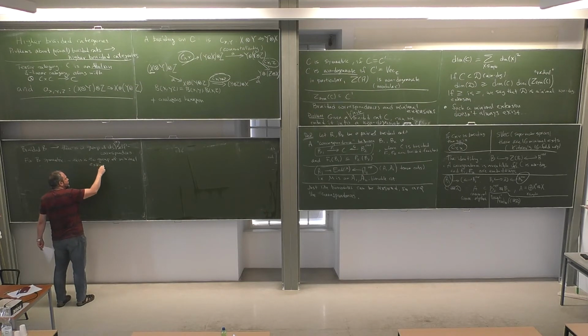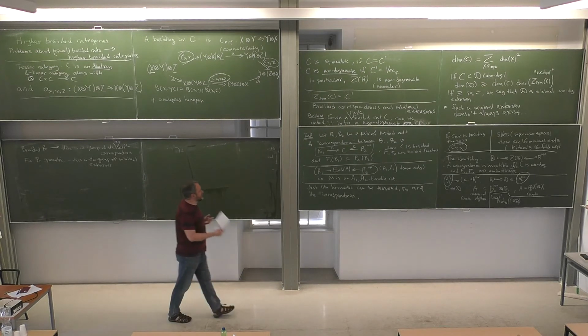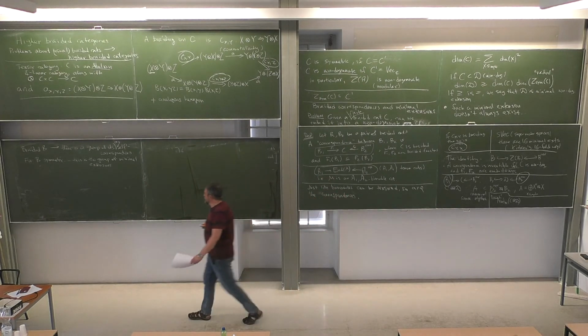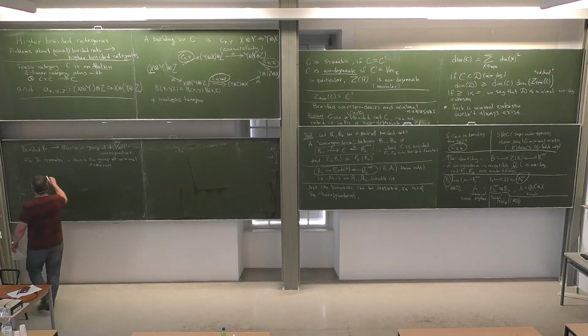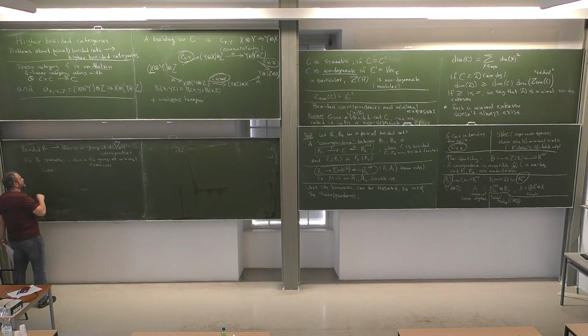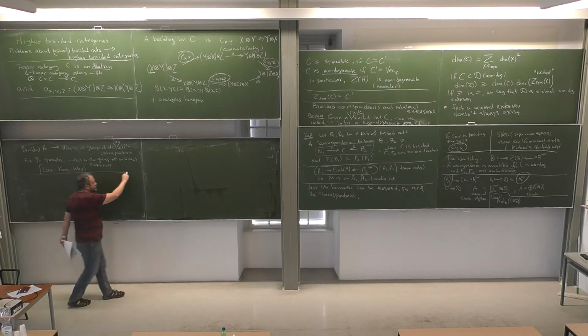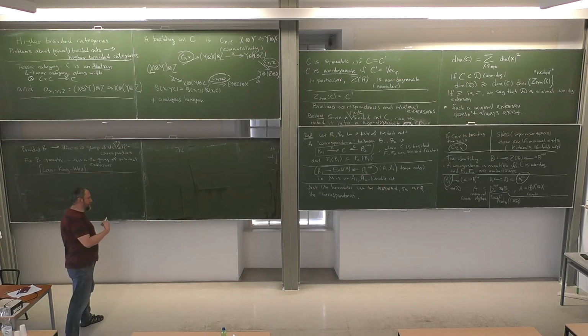Now, a priori, when I gave this definition, it was not clear why minimal extensions of a symmetric category would form a group. So this is something that was introduced by mathematicians and physicists, Lan, Kong, and Wen, around maybe 5 or 6 years ago.